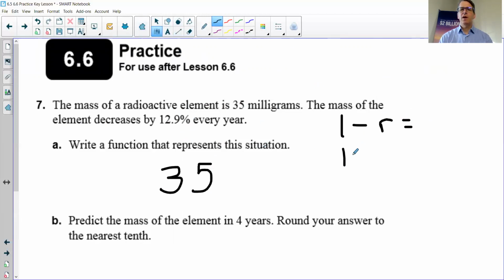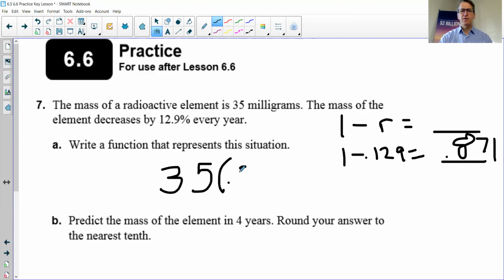So 1 minus 0.129 is equal to that number. I used my calculator for that, and it was 0.871. So initial amount 35 times 0.871 raised to the t.